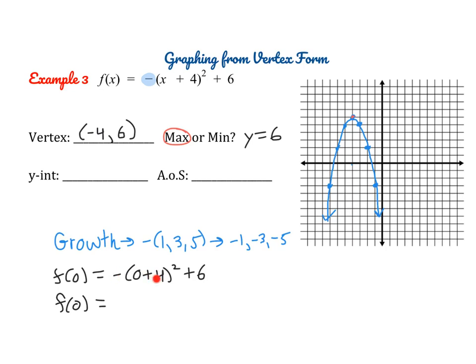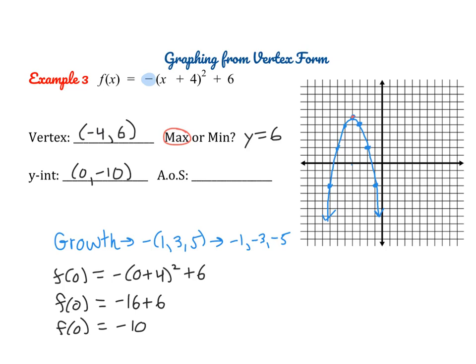So here, 4 squared is 16. So this becomes negative 16 plus 6. So f of 0 equals negative 10. So our y-intercept is at (0, -10). So if you kind of continued on our graph, you can see that it would hit right there at (0, -10).